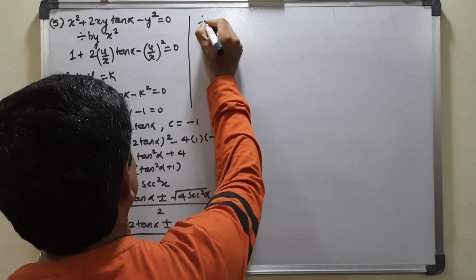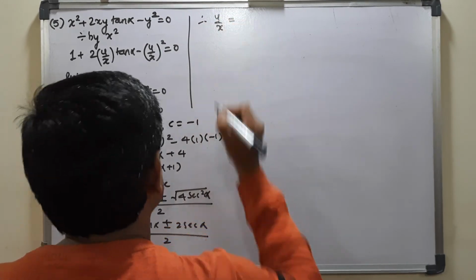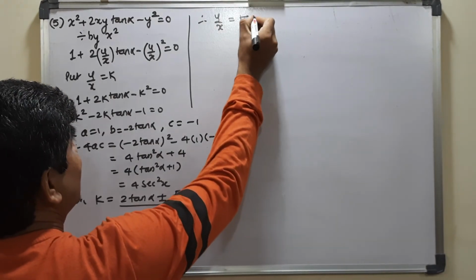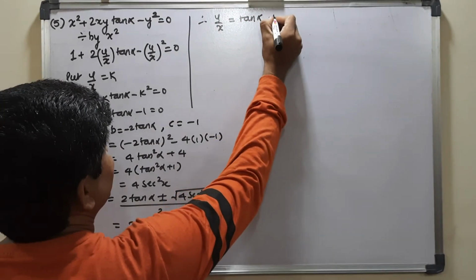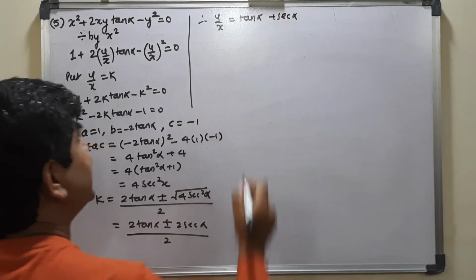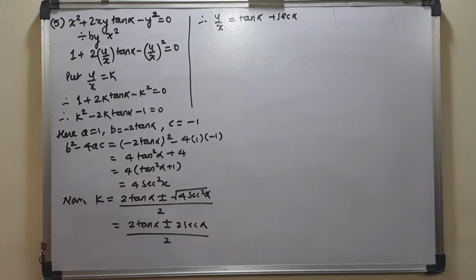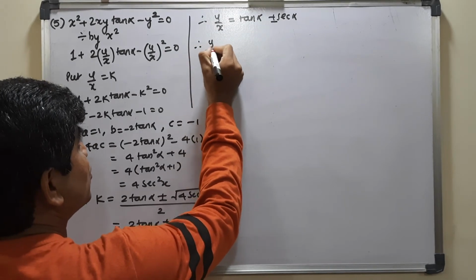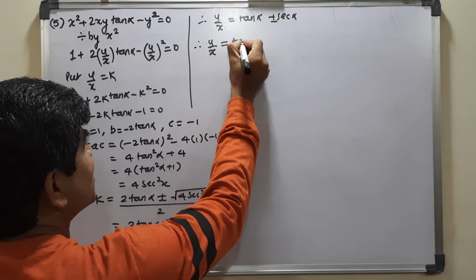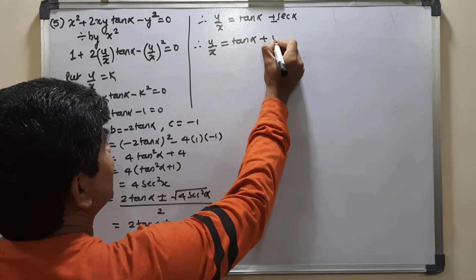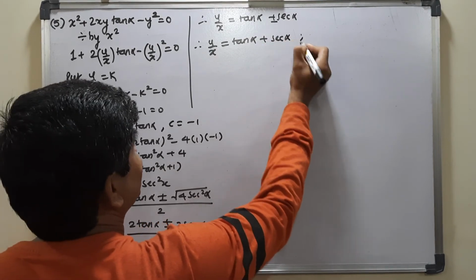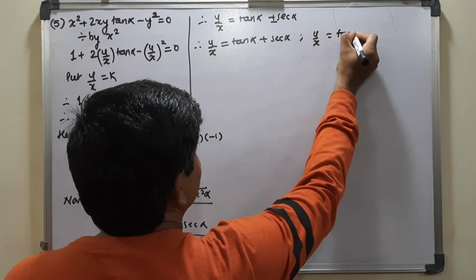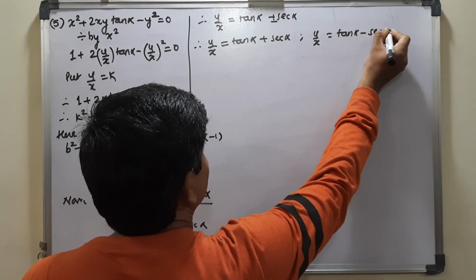So therefore your y by x will become tan alpha plus sec alpha, agreed? And also minus. So I get y by x is equal to tan alpha plus sec alpha, and y by x is equal to tan alpha minus sec alpha.